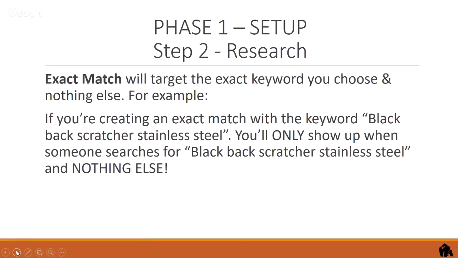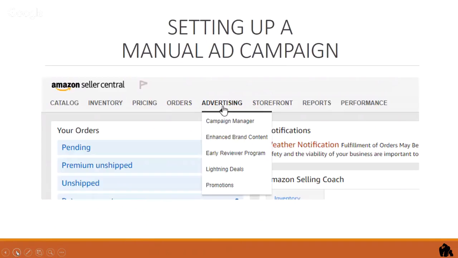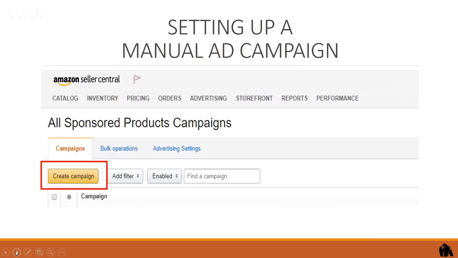Right, now let's look at setting up our manual campaign. Once you're inside Seller Central, head over to the Advertising tab, come down to Campaign Manager. Exactly the same step as the first time. Once we're in there, we're going to be creating our campaign, nothing new there.